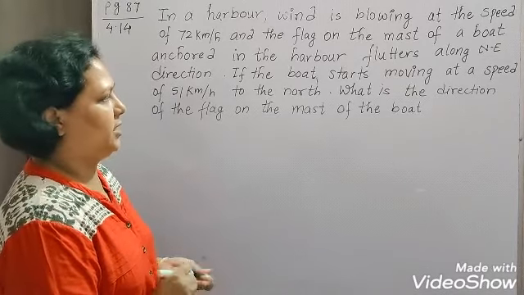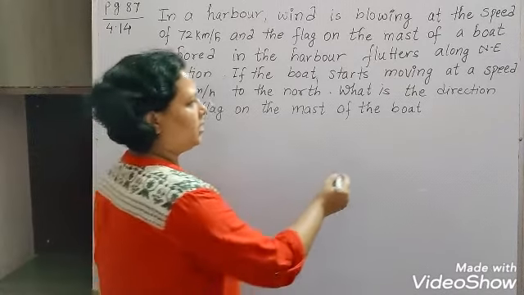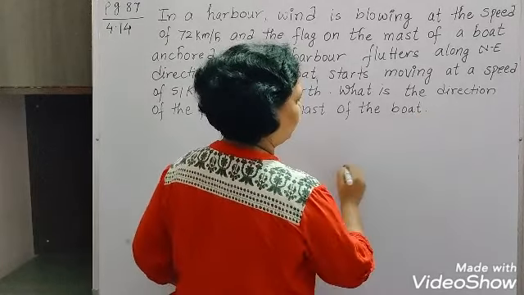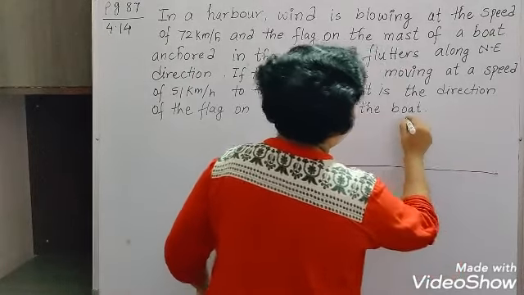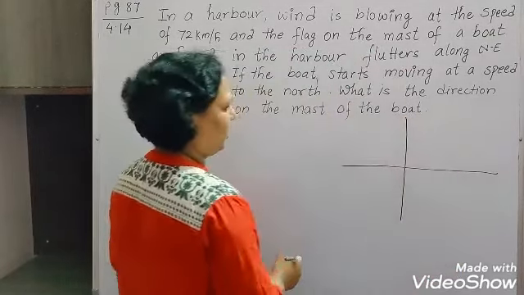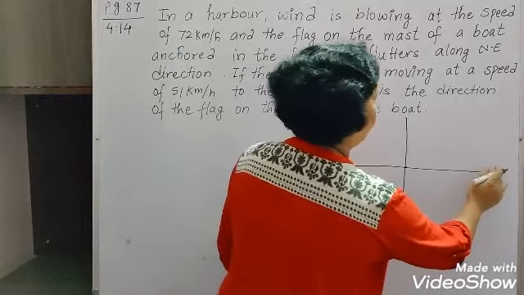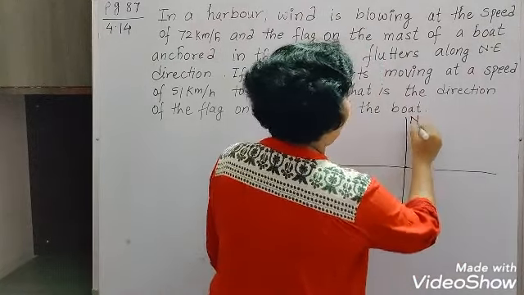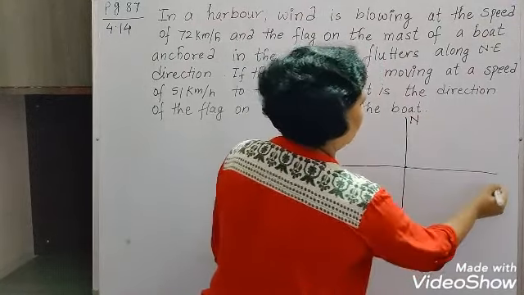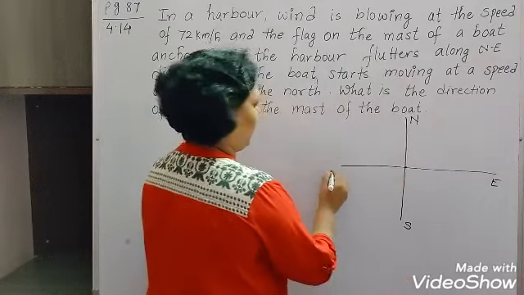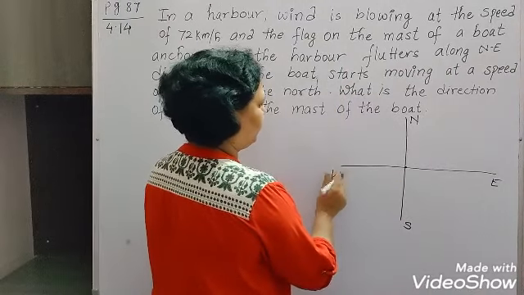So for that, first of all, we'll see a coordinate system, just to indicate the direction. This is the harbor, the origin is the harbor, and this is north, south, east, and this is west.